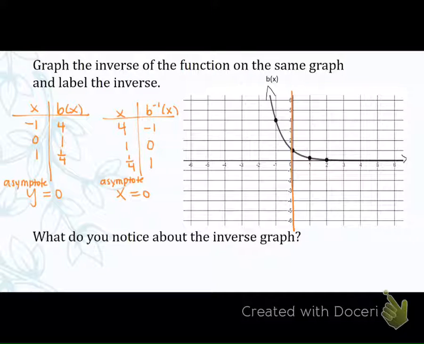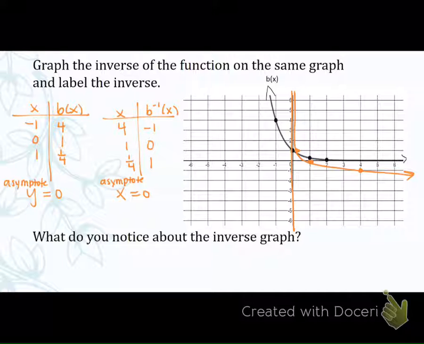So I have 4, -1, 1, 0, and 1/4, comma 1. Inverse is a flipping of the ordered pair.